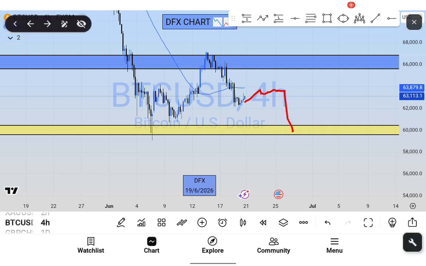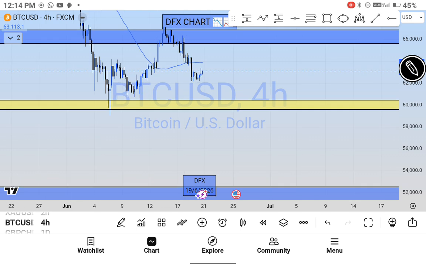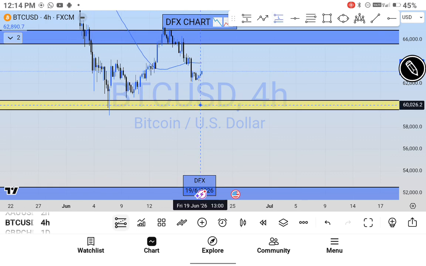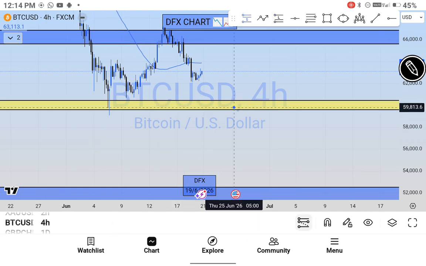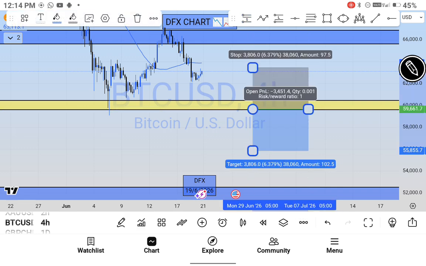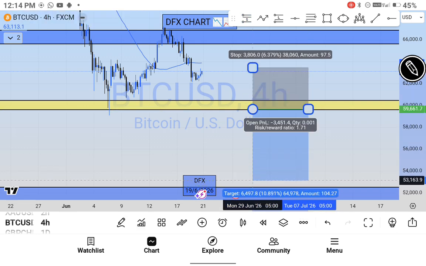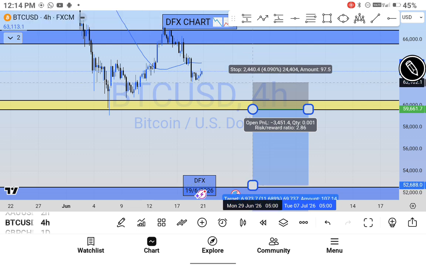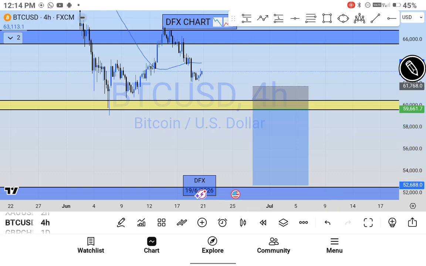So we'll only be interested in BTC if we have a drop below this daily zone. Then I'll start looking for a sell to the downside. So what do we do? We wait. All right, so I think that's all for now.